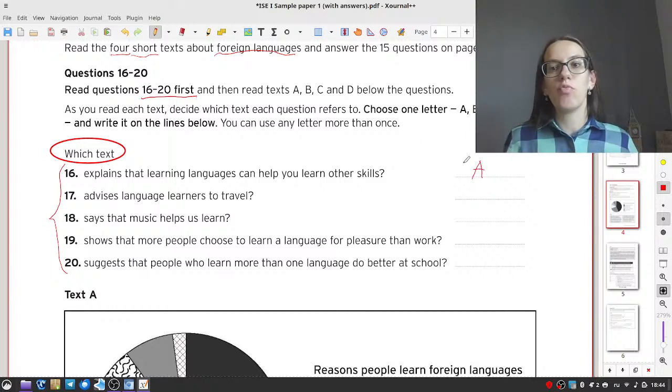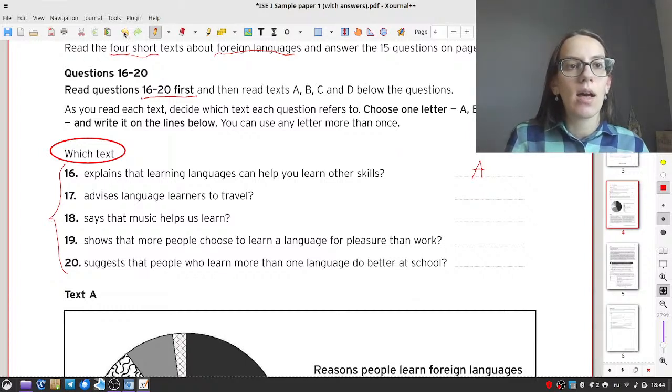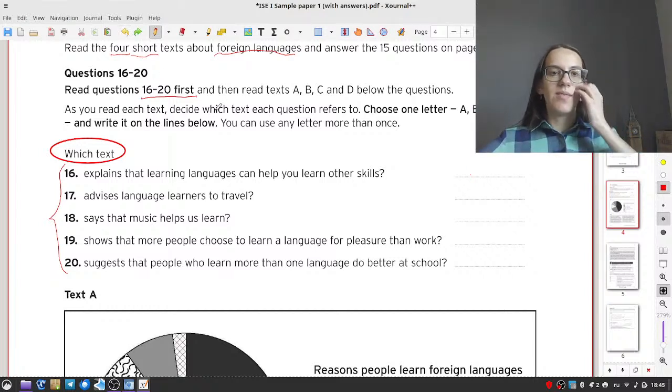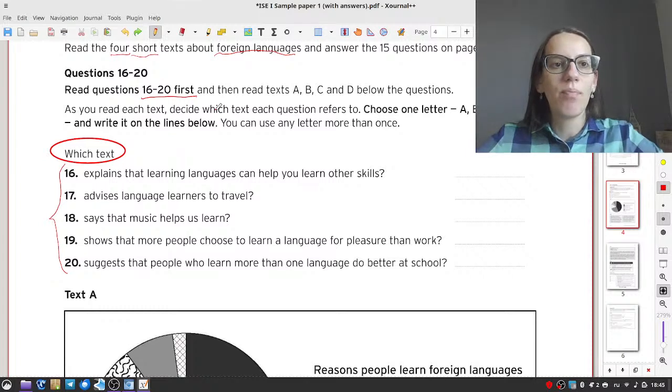You don't need to repeat the word text, you just write A, and that's it. That's the answer. You can't add B or C if you chose A. But of course A may not be the correct answer. It was just an example.